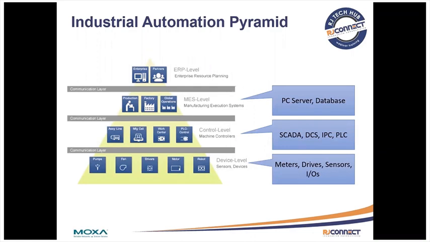The layer above that, we've got databases, servers for our MES or manufacturing execution systems. And the layer above that, we've got our ERP or enterprise resource planning layer. In between all these layers, we've got a communication layer allowing us communication with the layer below.